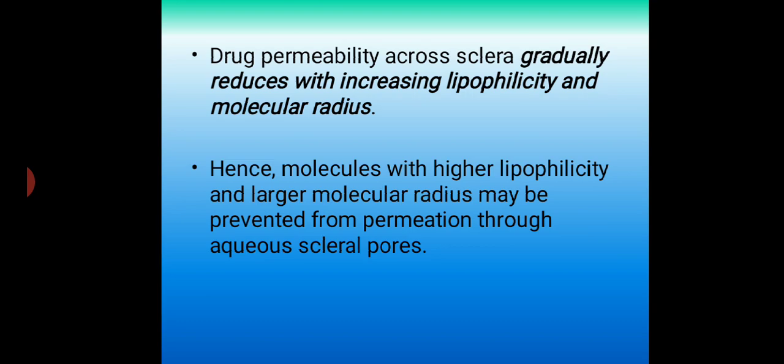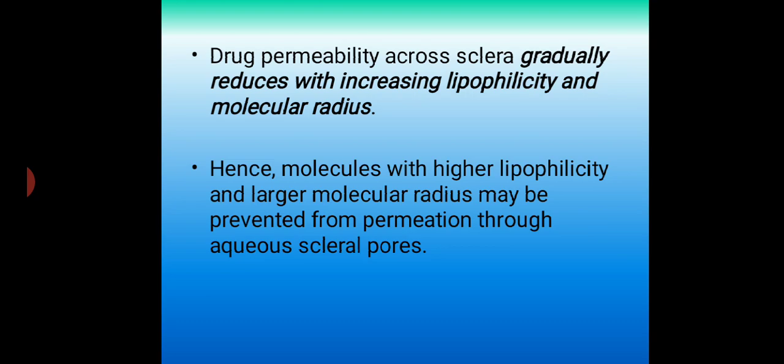This is the opposite of what you have already studied, because in the GI tract or other membranes, lipophilicity always increases the permeability of the drug molecule, whereas here the criterion is just opposite. Lipophilicity decreases the permeation of the drug through the ocular barriers, and as the molecular radius or size increases, it also reduces permeation.